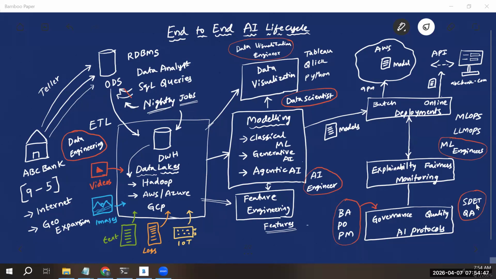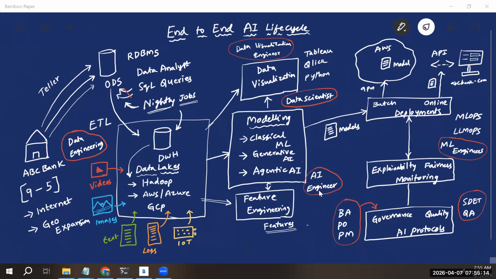There are people who require that kind of role. So if there is a possibility to move within the company, that will be the first best option: you get into an AI project, helping them to test, and then eventually get into the AI engineering space. That should be the route.